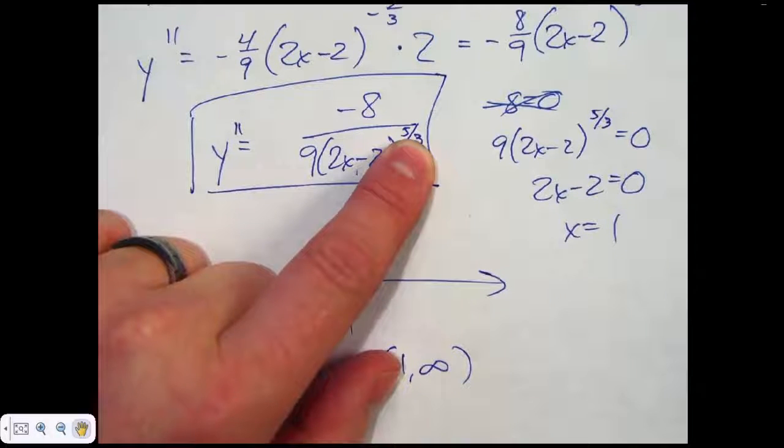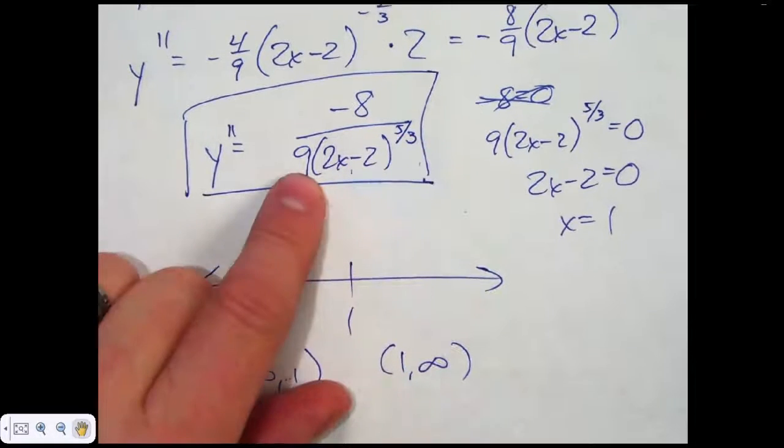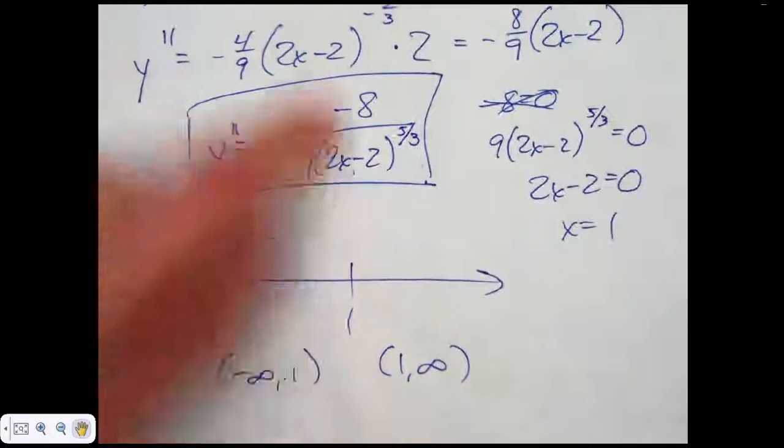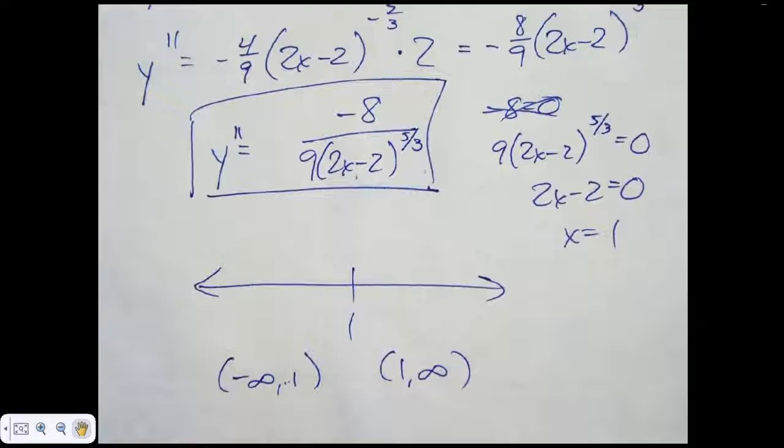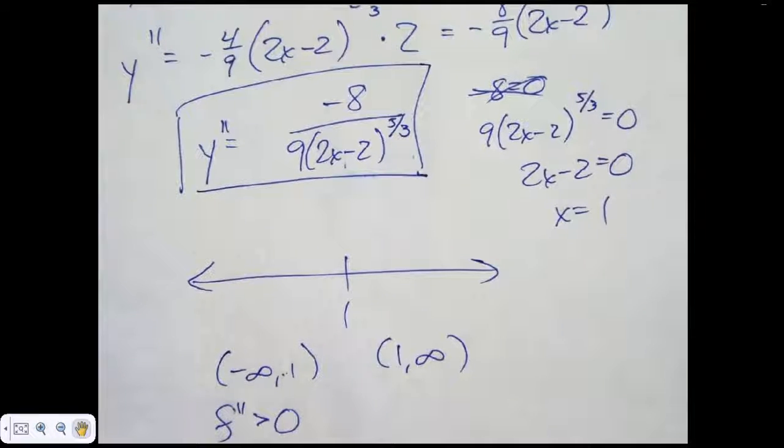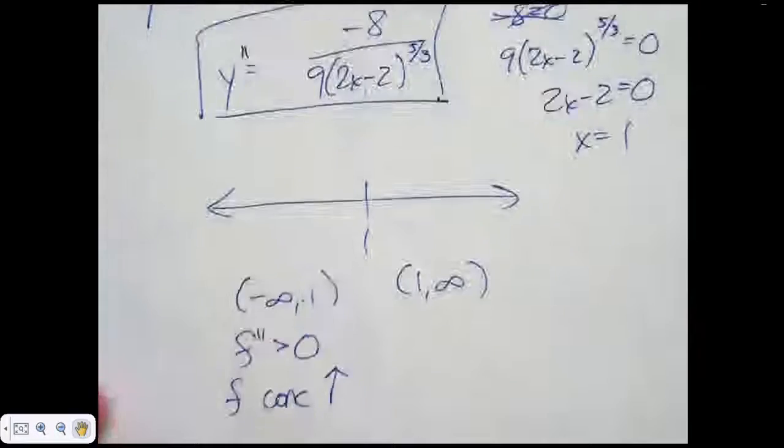Five negatives is still negative, because pairs of negatives cancel out. So I'm still negative. Now I multiply by 9. Still negative. But negative divided by negative, now I'm positive. So the second derivative is positive, which means what is true about the original? Not increasing necessarily. We don't know that yet. It's concave up. And so I would go up here and just put a little up.